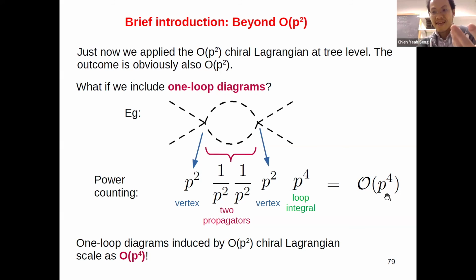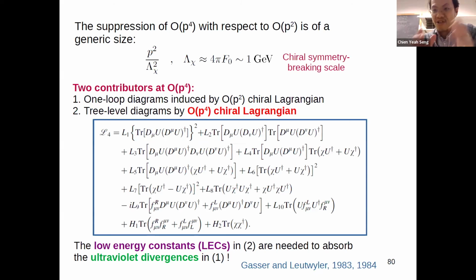So this gives us a general rule. If you apply the Chiral Lagrangian at O(P^2) to one loop, the outcome will be O(P^4). And how much is O(P^4) supposed to be suppressed with respect to O(P^2)? It is suppressed by the following. We have two extra powers of P squared in the numerator, but you have something in the denominator, which is another energy scale.